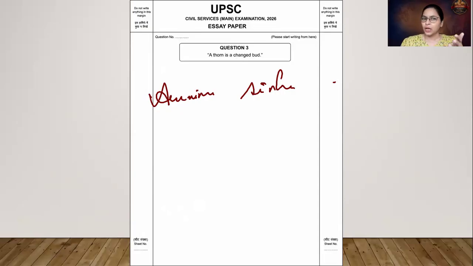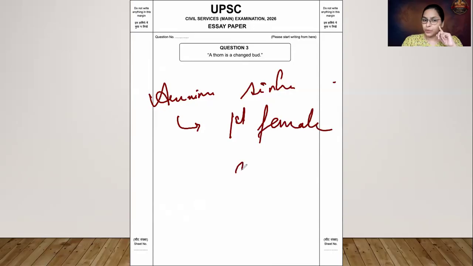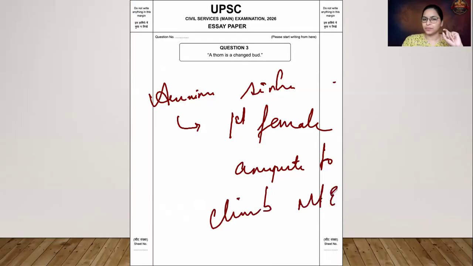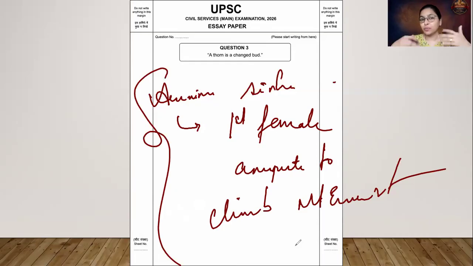What did she do? With that amputation, she worked on herself and she became the first female amputee to climb Mount Everest. So that is the beauty of Arunima Sinha.